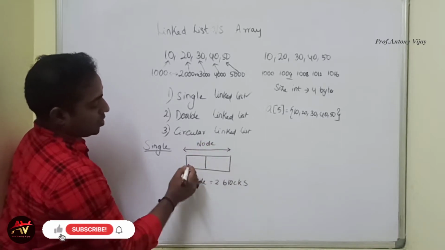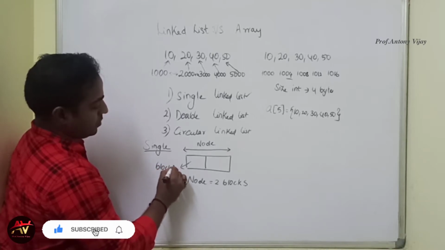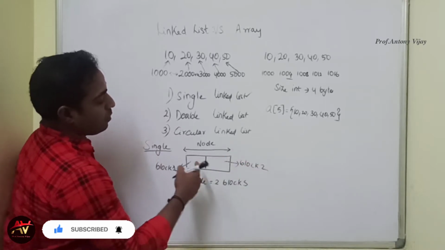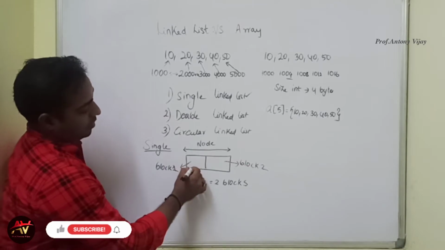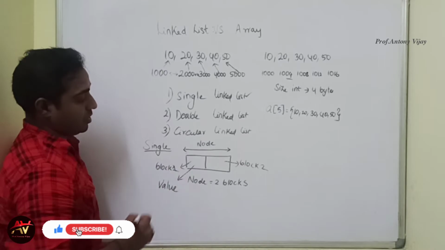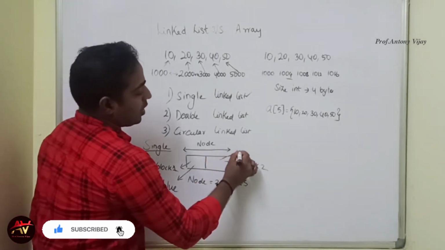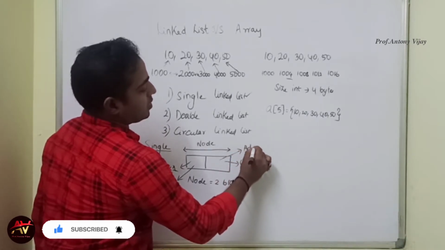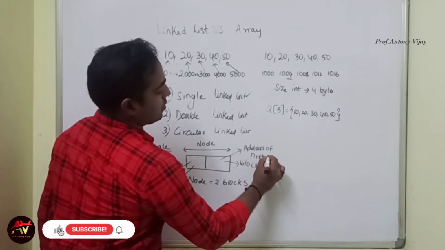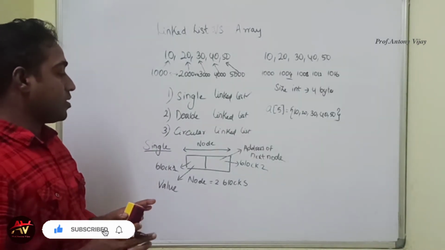This is block 1, this is block 2. Block 1 has the value of the element. Block 2 has the address of the next node. So this is what is called a single linked list.